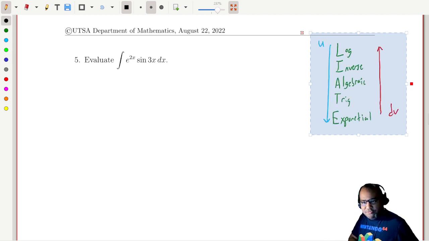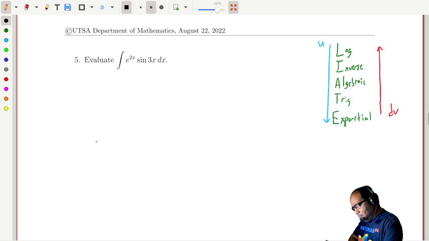Whoops, that's not what I want to do. We're going to start out by saying, just by following the heuristic here, let u be sine of 3x and dv be e to the 2x dx. Now we fill in the rest of the table.